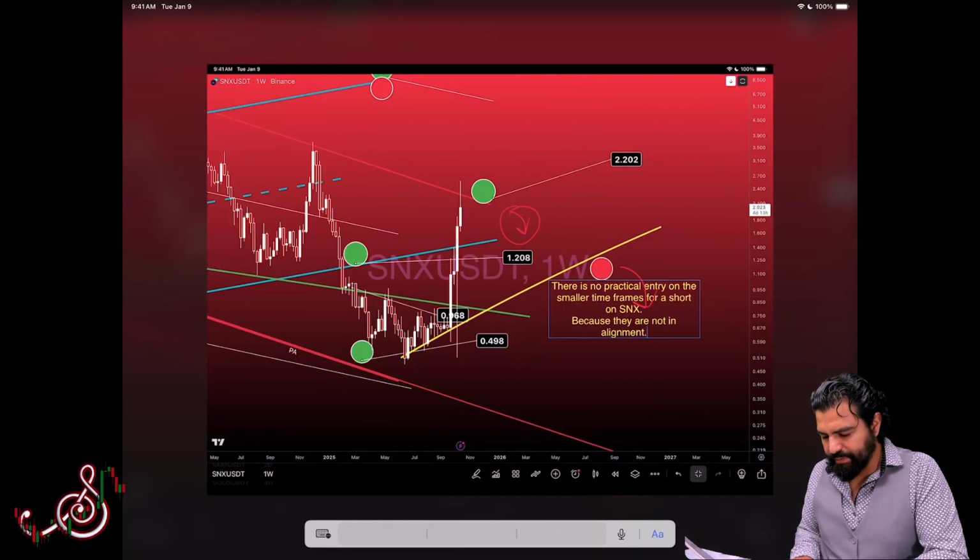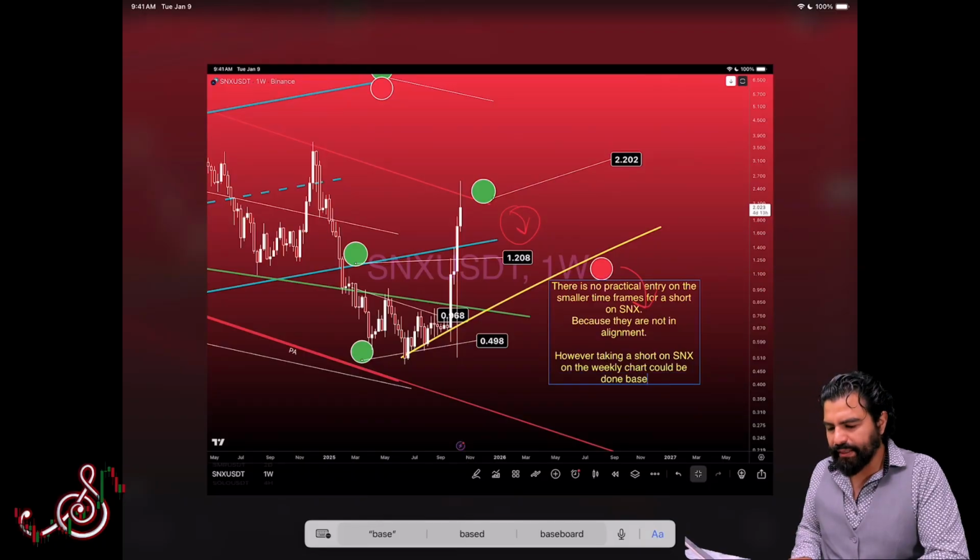However, taking a short on SNX on the weekly chart could be done based on the resistance of 265 only, or other reasons.